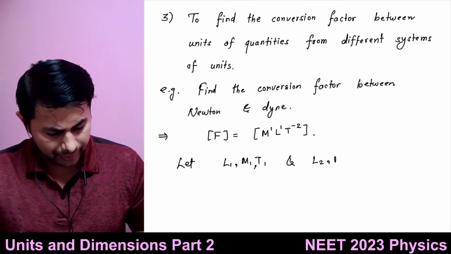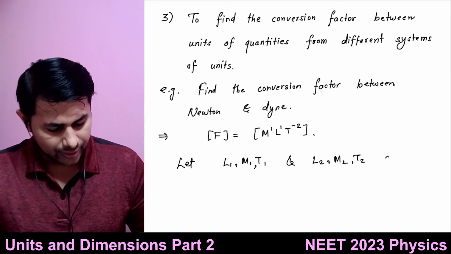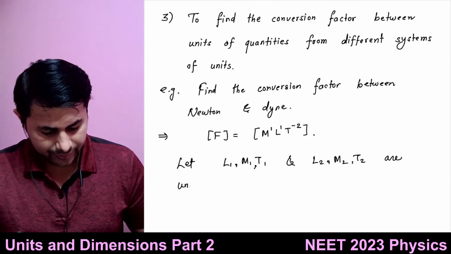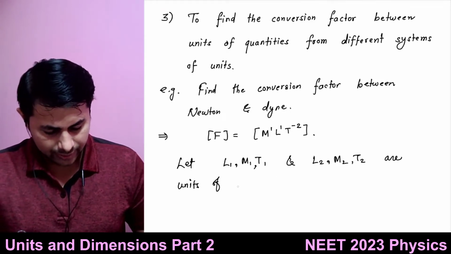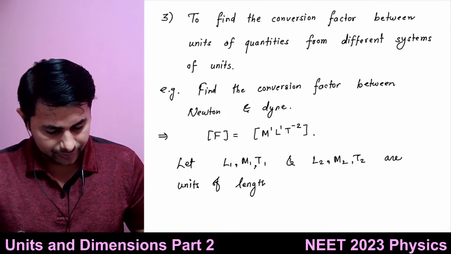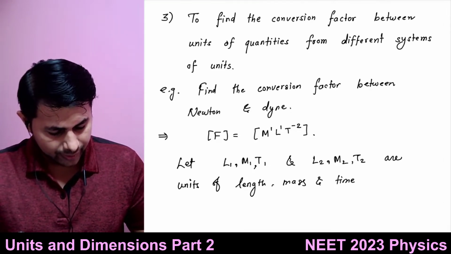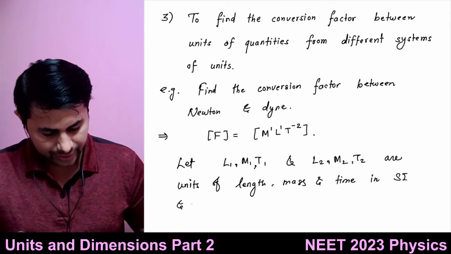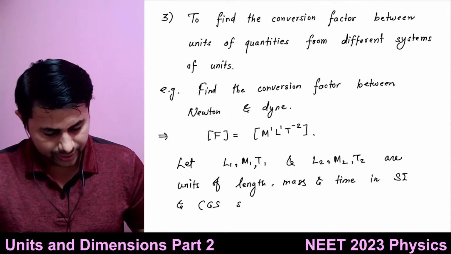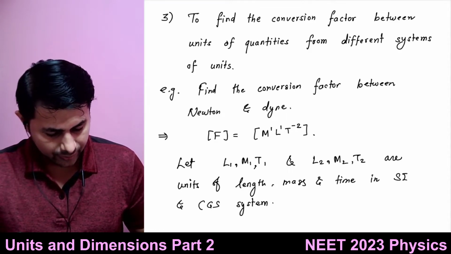Okay. So let's say L1, M1, T1, and L2, M2, T2 are units of length, mass and time in SI and CGS systems respectively.